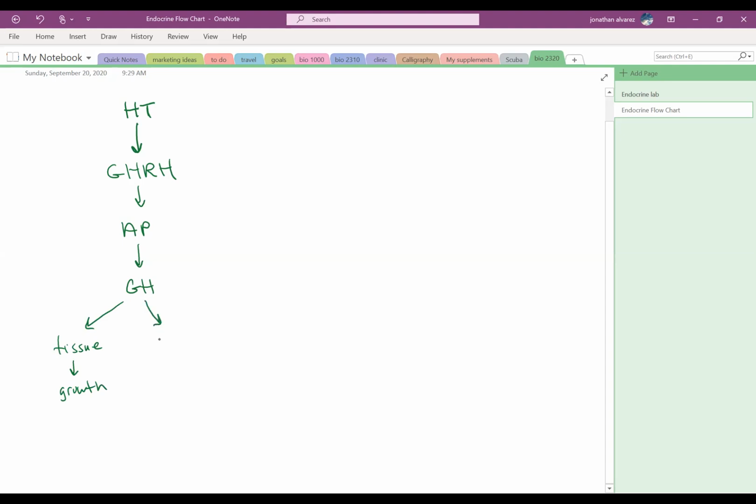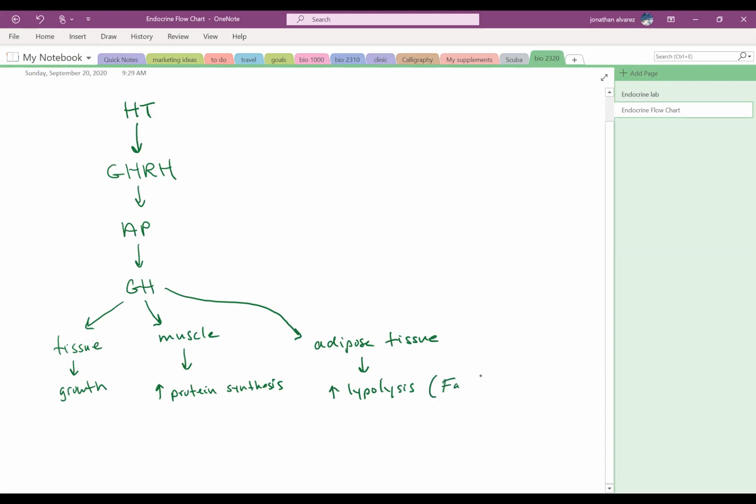It goes to muscle, and that promotes increased protein synthesis. And it can go to adipose tissue to increase lipolysis, which means fat breakdown.